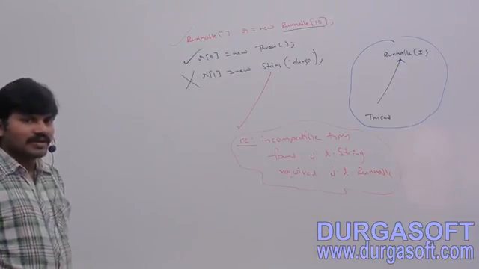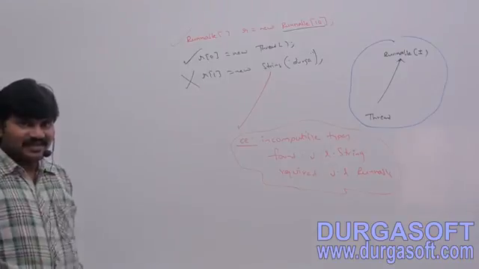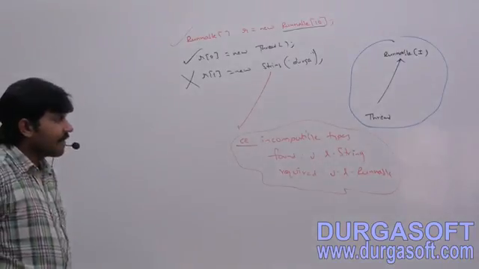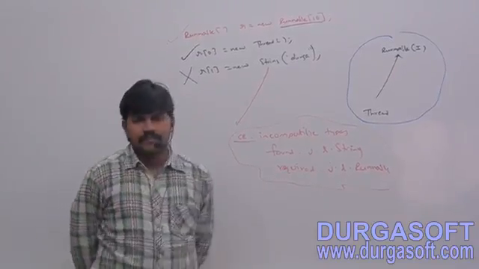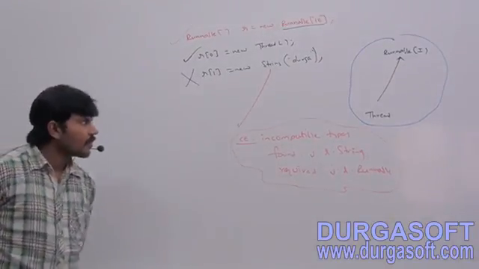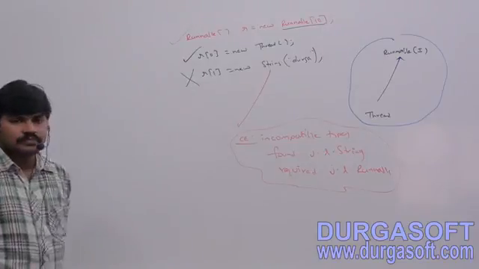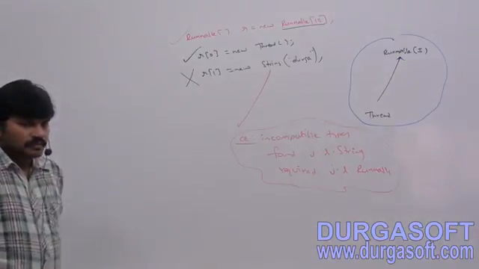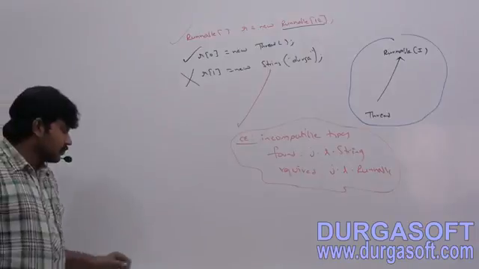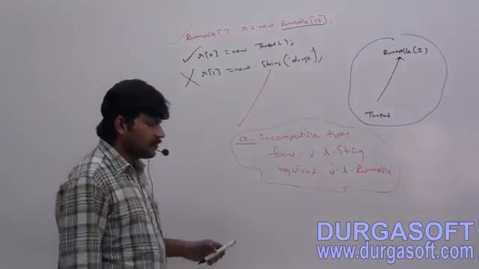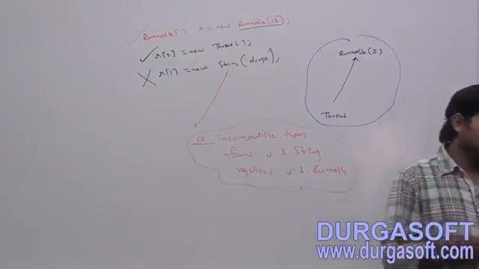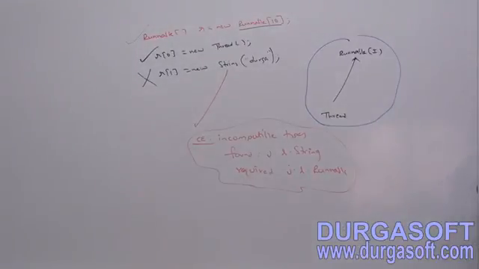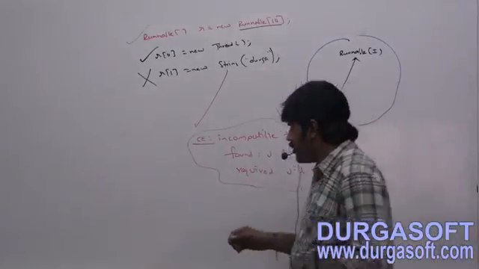Throwable is what type, man? Exceptions, not threads. So take it clearly. I hope it is clear, right?